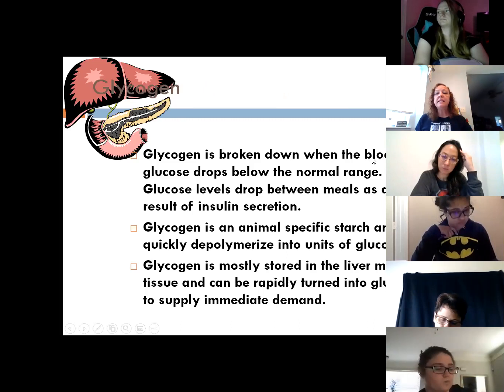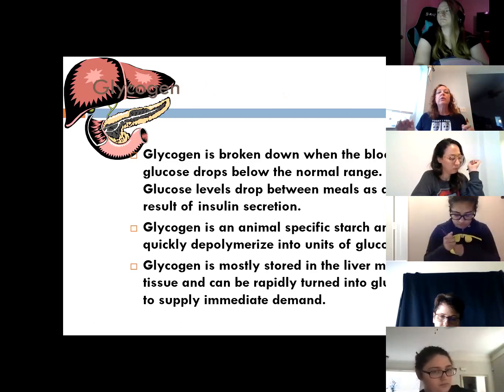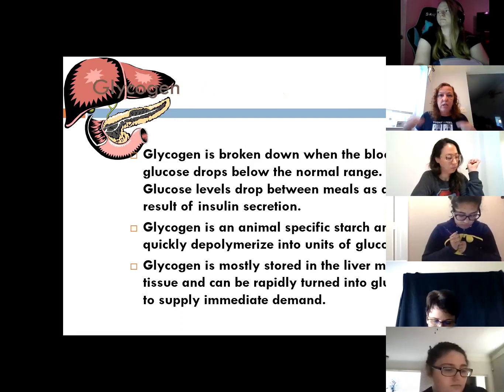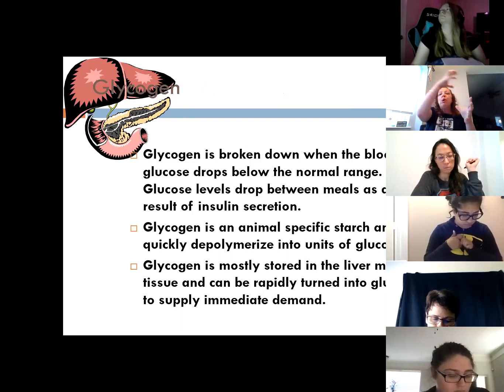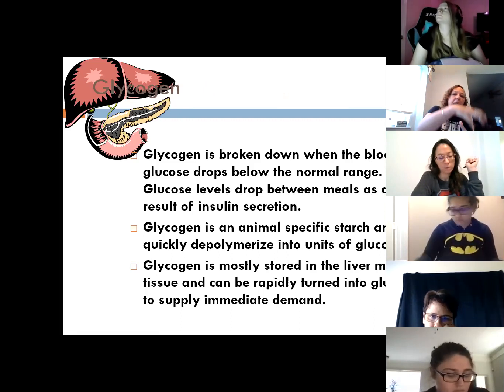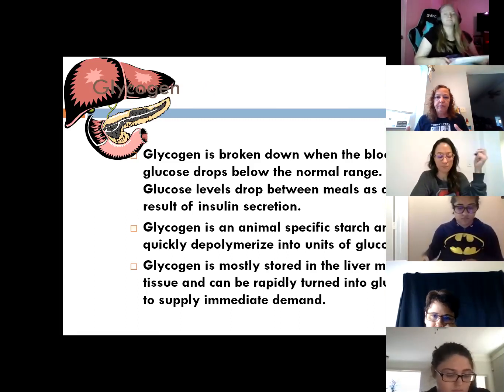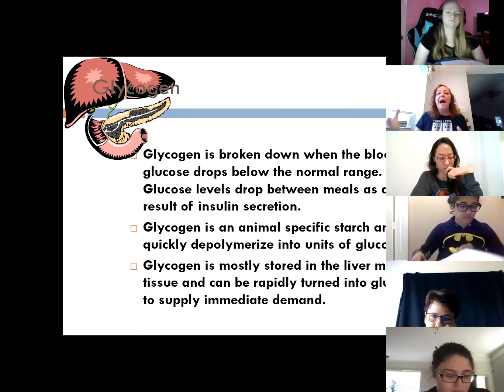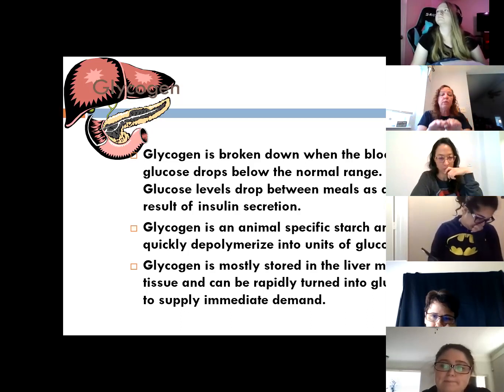So what happens is, and we talked about this yesterday, when your blood glucose gets used up, you have this currency circulating, insulin, pulling that glucose out of the blood and delivering it into the tissue. As you are delivering it to the tissue, the levels of the glucose in your blood start to drop.